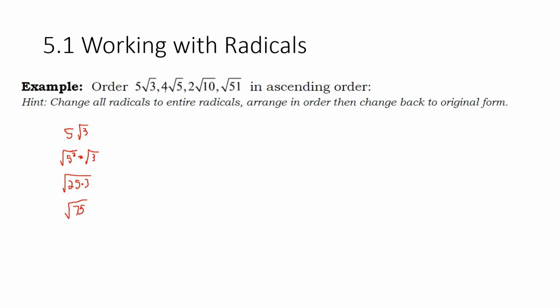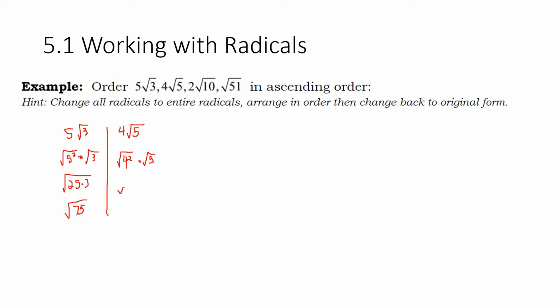Now if we do the same thing with 4 root 5, we will be able to compare the two square roots. Let's put the 4 underneath the square root by squaring it, and then we've got our root 5. This is 16.